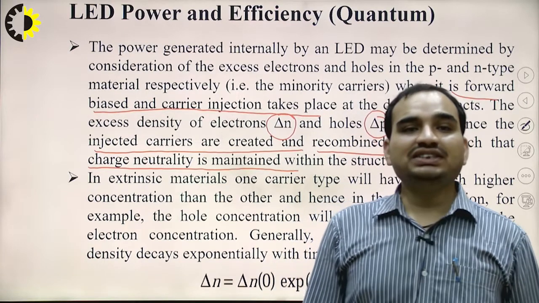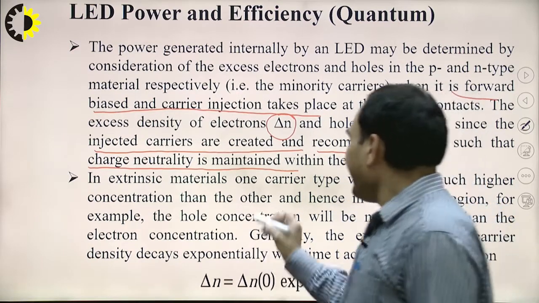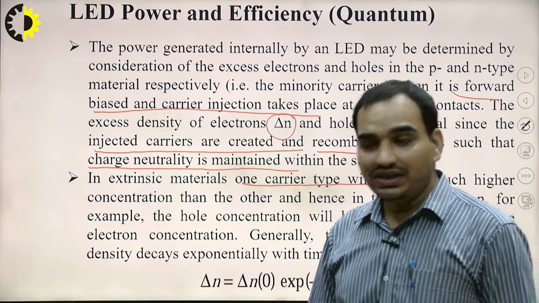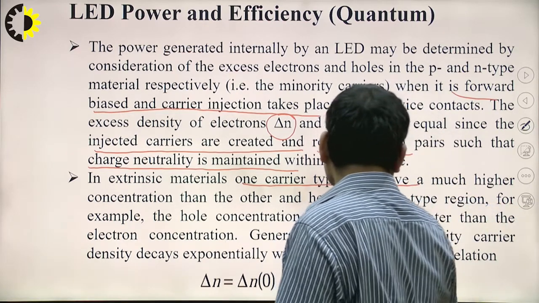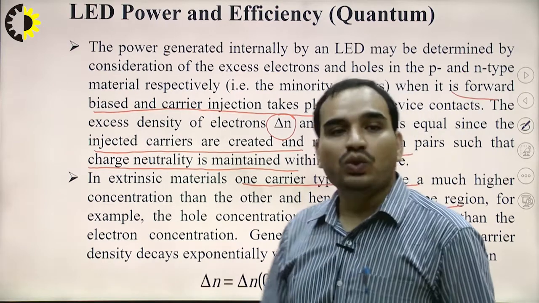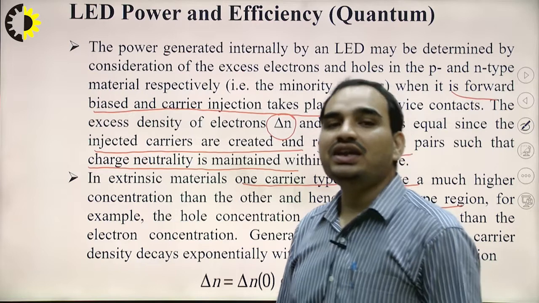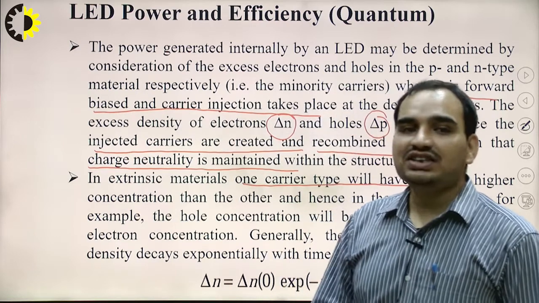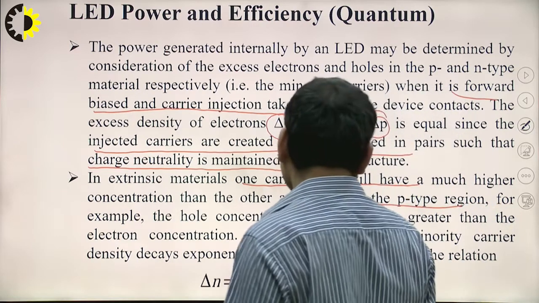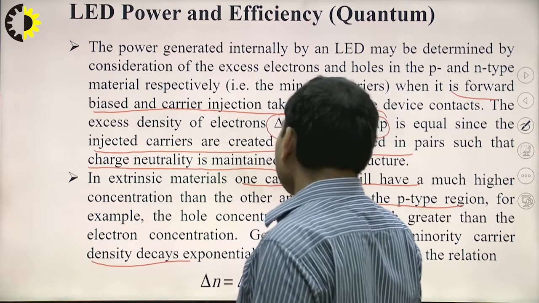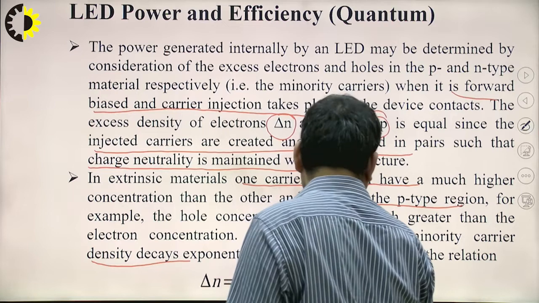In extrinsic materials, one carrier type has a much higher concentration than the other; hence in the p-type region, for example, the hole concentration is higher, as in the n-type material the electron concentration is higher. Generally, the excess minority carrier density decays exponentially with time in accordance with the relation.